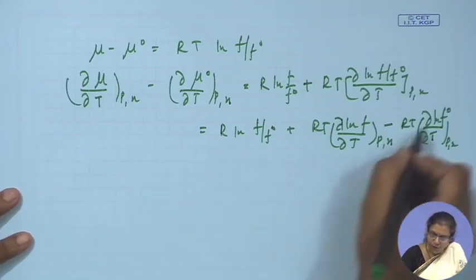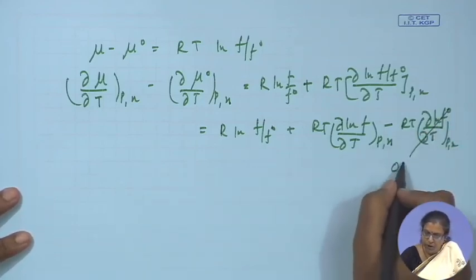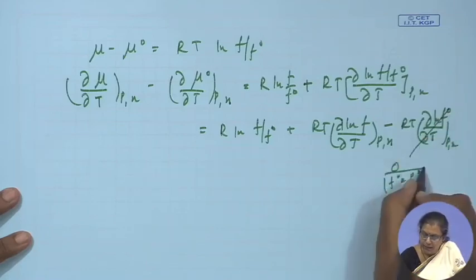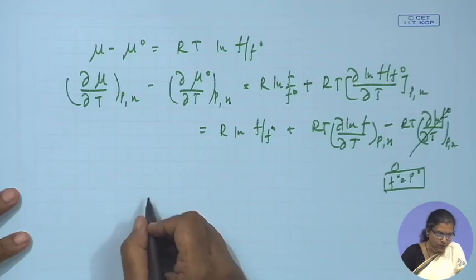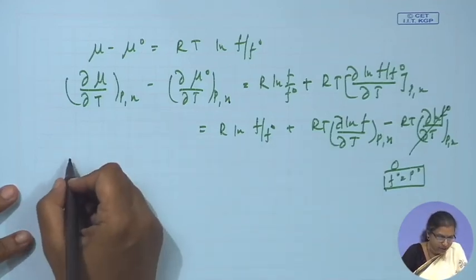Now we know that this last term has to be equal to 0, because f0 is equal to p0, and that is definitely a constant quantity. So what is this term then in that case?